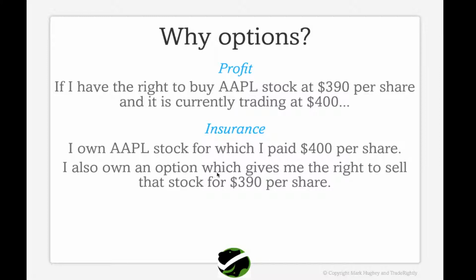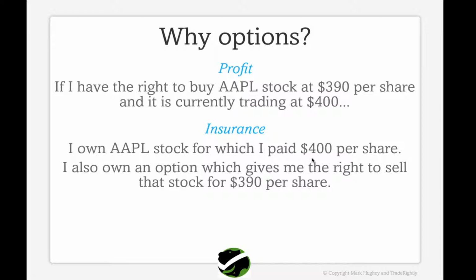Up here I gave the example if I had the option that gave me a right to buy. If I have an option which gives me the right to sell Apple stock for $390 per share, you can see I've reversed the math that I gave you in the first example. And so there's no profit incentive here.